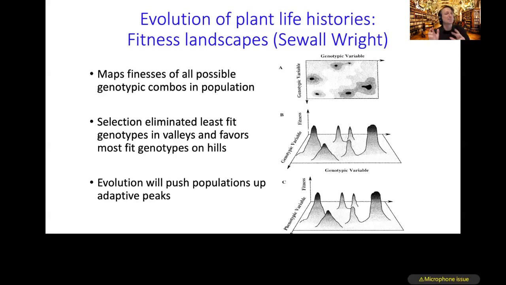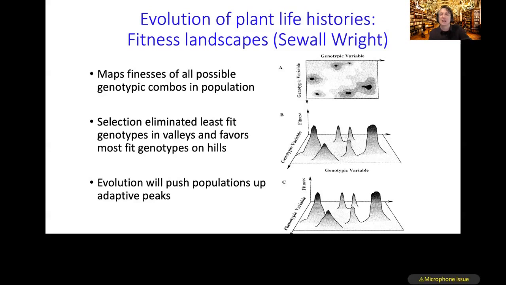So the fitness landscape is mapping fitness values of all possible genotypic combinations of a population, right? And then we can see these darker areas. These are the peaks of high fitness. And then these lighter areas, these are the troughs of lower fitness, depending on the genetic recombinations, but also the resulting phenotype. So remember, genotypes are going to be mapping onto phenotypes. And so natural selection is going to be eliminating the least fit genotypes and phenotypes in the valleys.